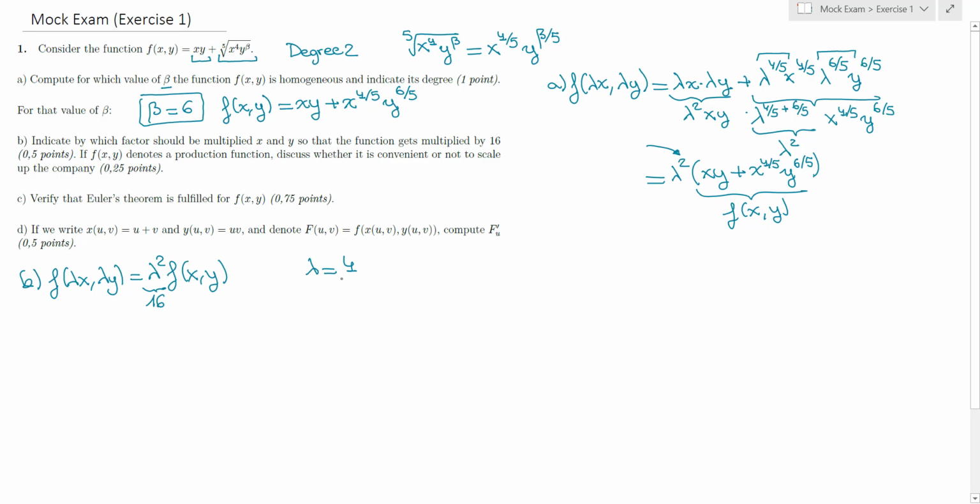Well, actually, from the mathematical point of view, it could be plus or minus 4, but resizing the factors, for instance, if the function is a production function, only makes sense with positive values.